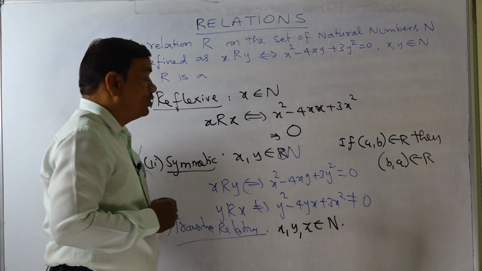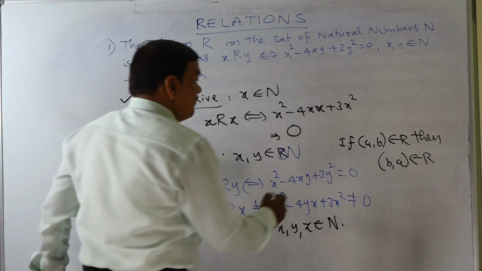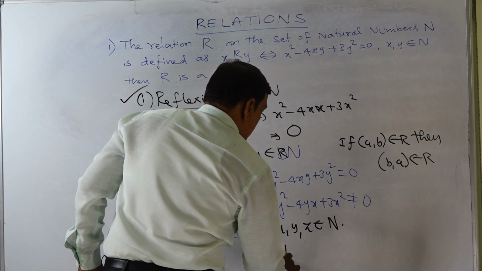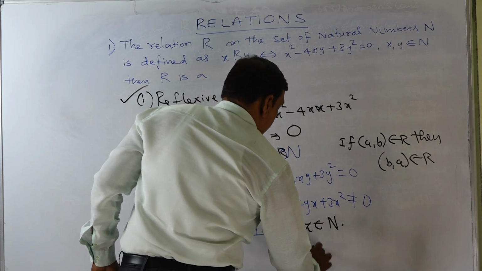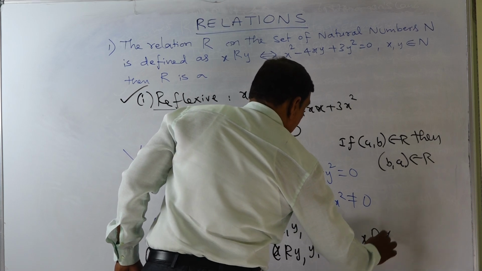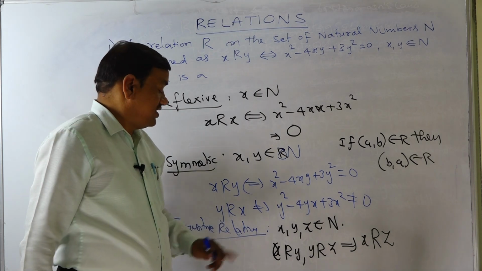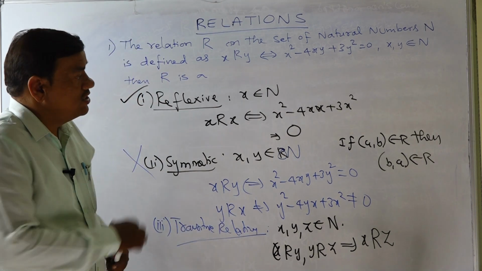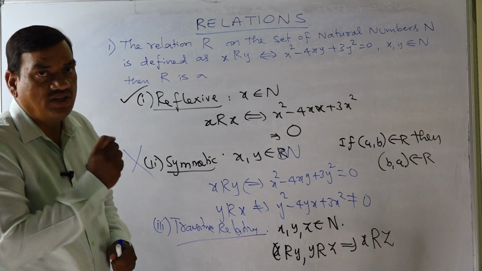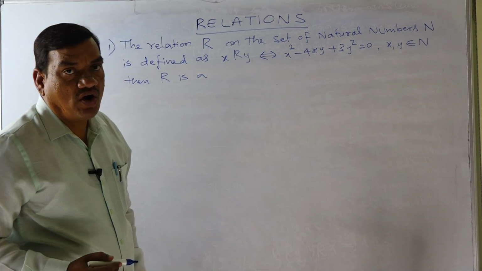Now, to check this transitivity, see the definition: if x is related to y and y is related to z, then x should be related to z. Then only we say that this relation is a transitive relation. Let us check the transitivity of this relation.